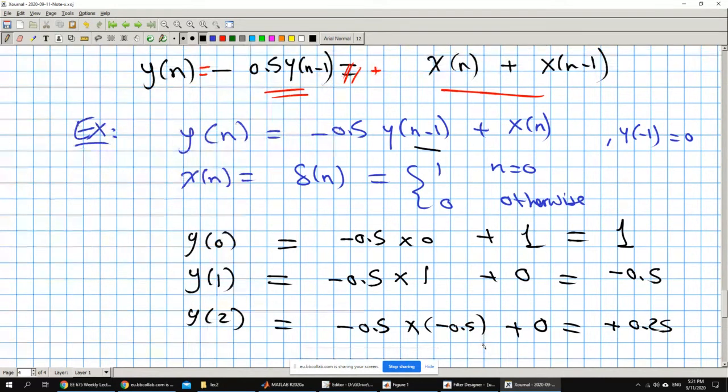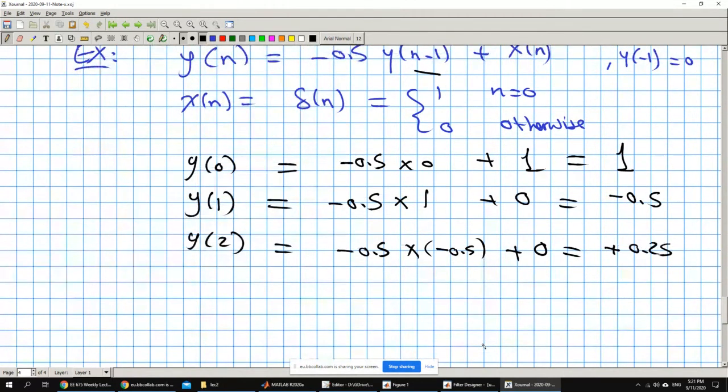0.25. So basically, x of n is gone. x of n is not going to appear anymore. It's going to be 0 all the time. But the actual output now is coming from the previous output. It's a function of the previous. Each time, the output will be basically minus 0.5 times the previous output. So y of 3 will be equal to what?